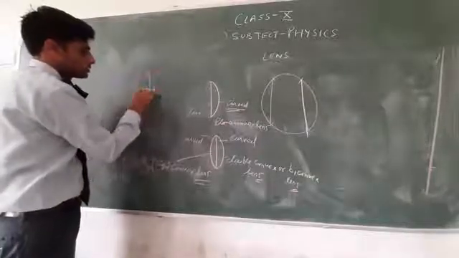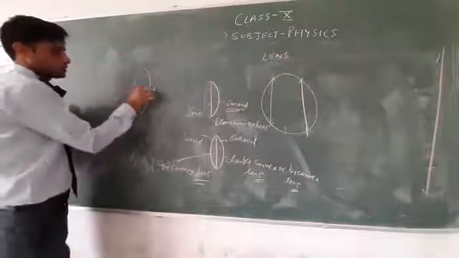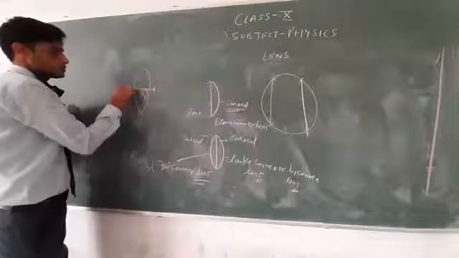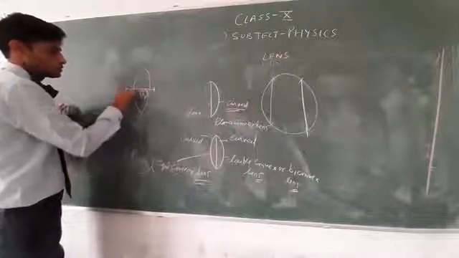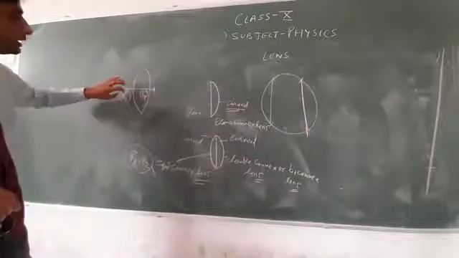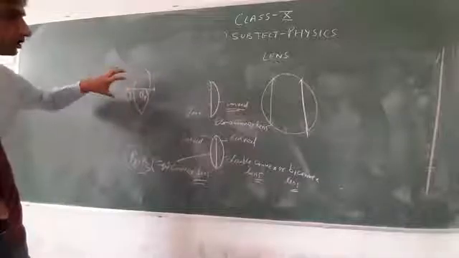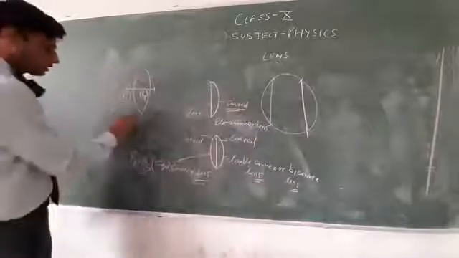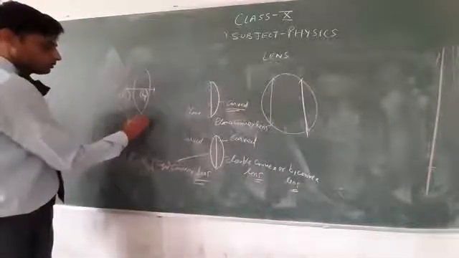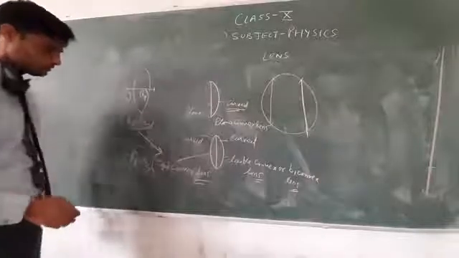One, this is R1, and this is R2. So that's why it consists of double curved surfaces. So that's why it is double convex. And if R1 equals R2, then this is equiconvex.